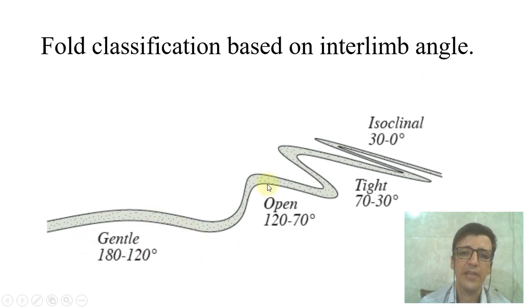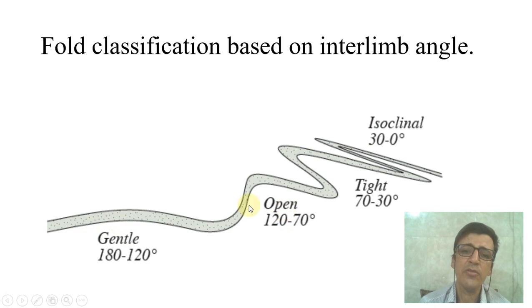This is an interlimb angle. Start from gentle folds, which have a very low amount of buckling, a low amount of curve. The interlimb angle of gentle folds is something about 180 to 120. What about open folds?